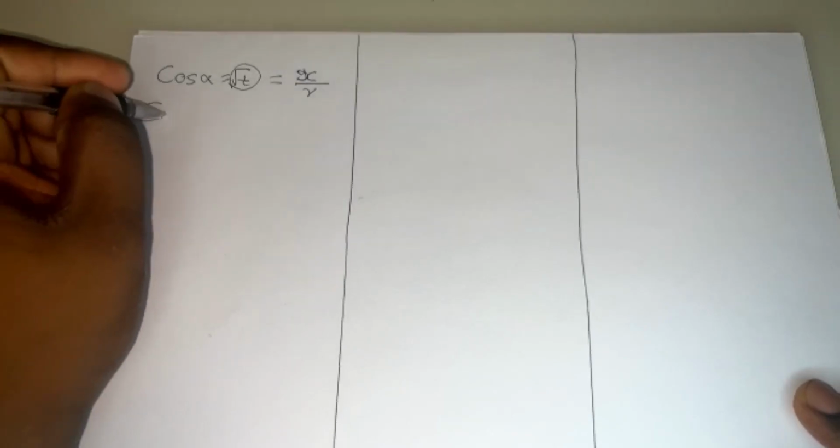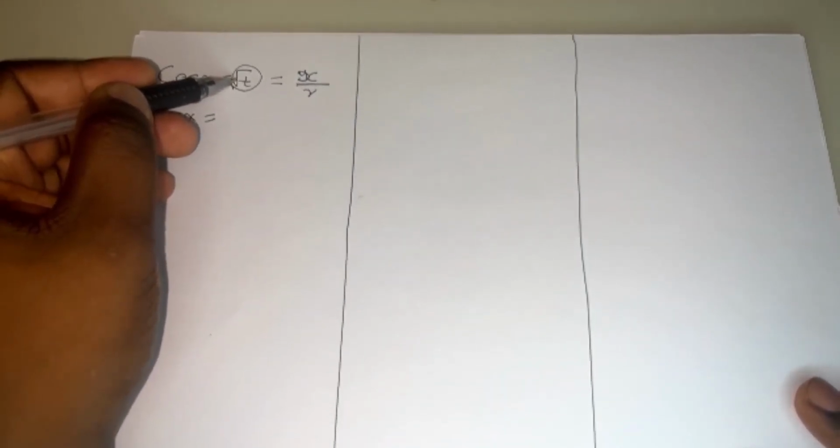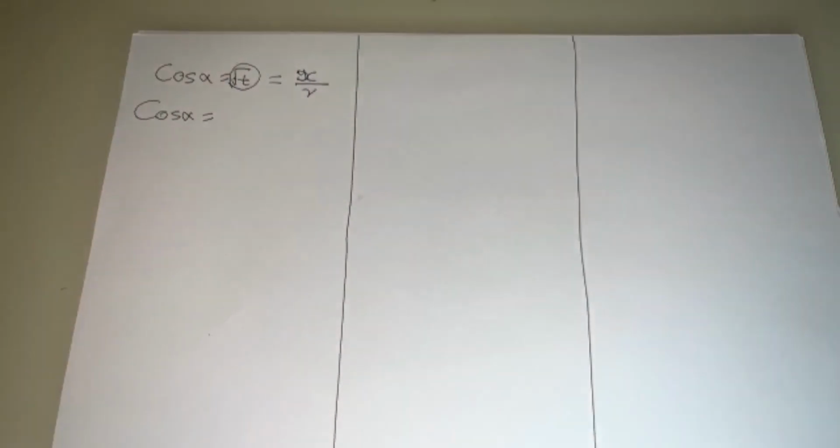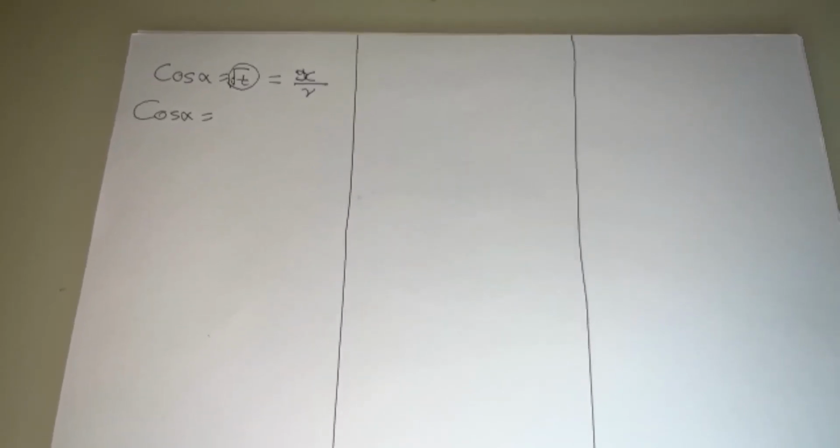So simply we have cos alpha is equal to root of t. Mathematically we can just say anything divided by 1 is that thing. Why are we trying to divide?